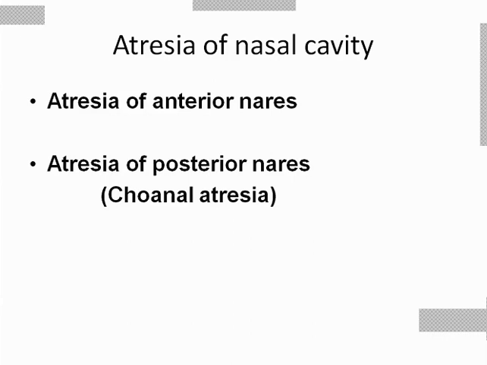Stenosis is usually an acquired thing because of chronic infection or trauma. Whereas atresia means a developmental abnormality. That means the bone, that is the vestibular aperture, is atretic. That means very, very narrow.